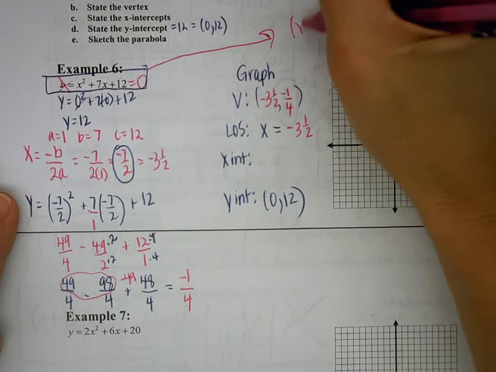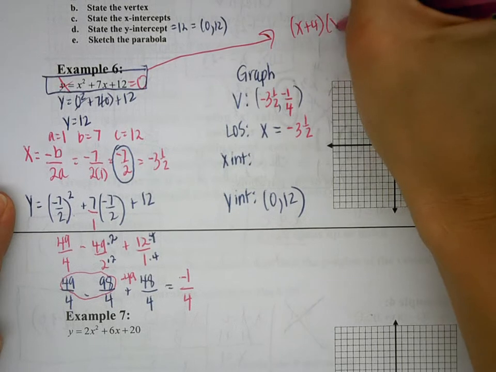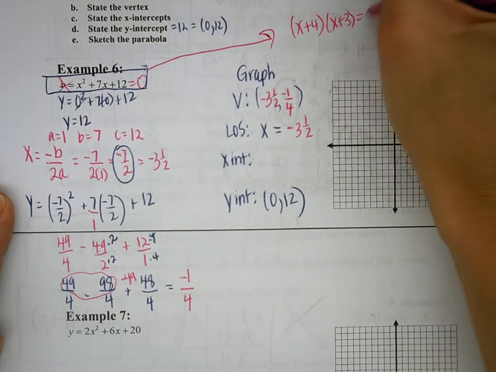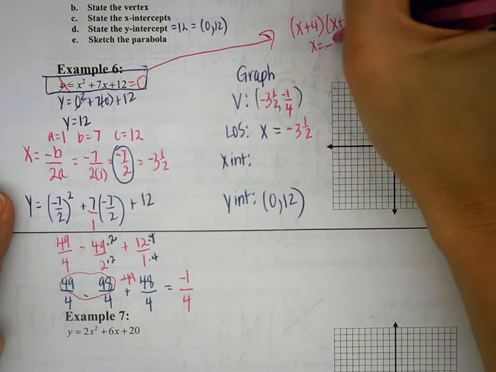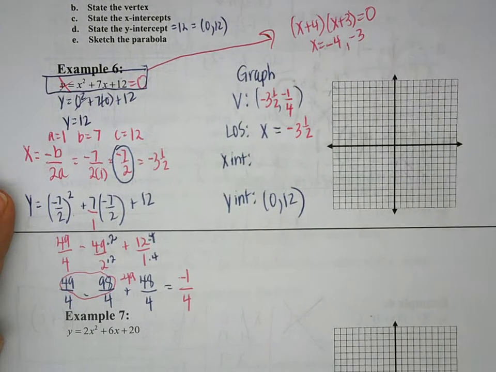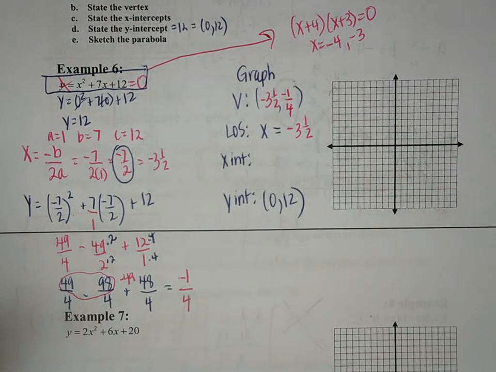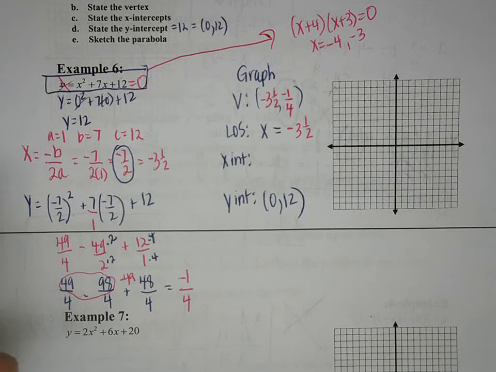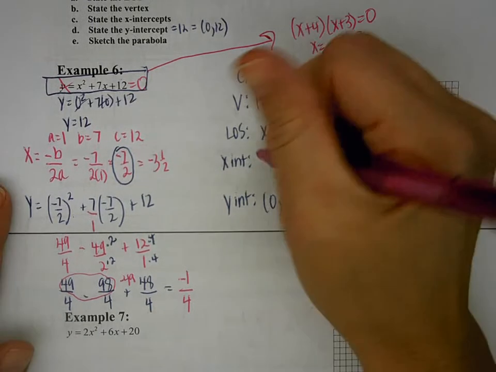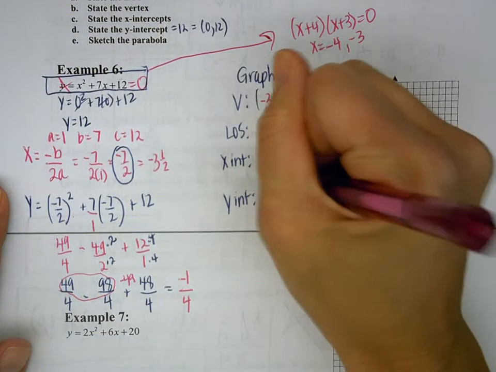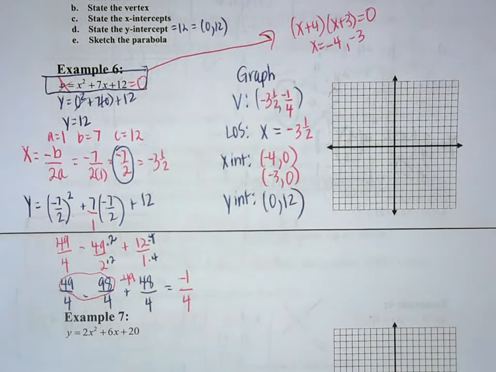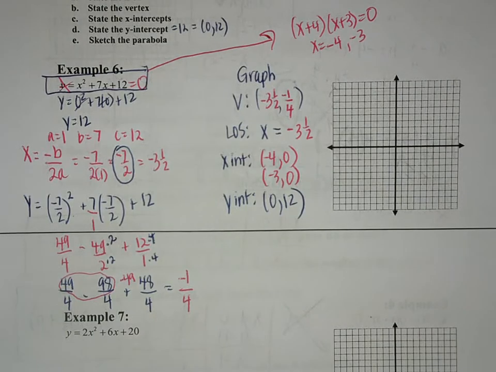X plus 4 and x plus 3. And when we set those equal to 0, x equals what? Negative 4, negative 3. But those are two separate points that it's intercepting at, right? And what are those as ordered pairs? Okay, so negative 4, 0, and negative 3, 0.